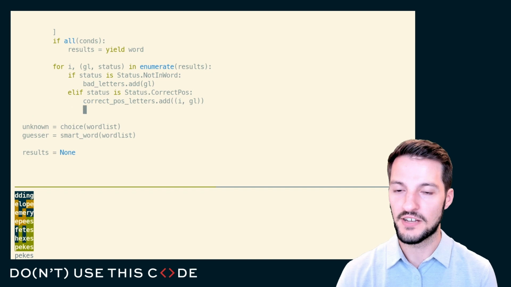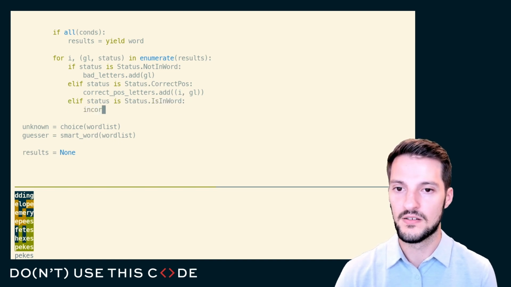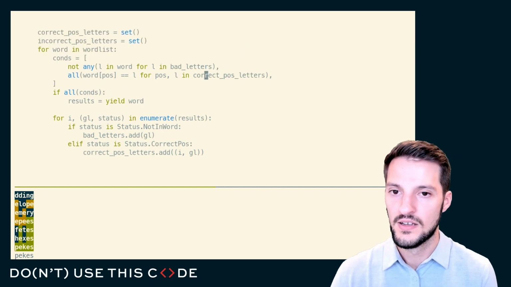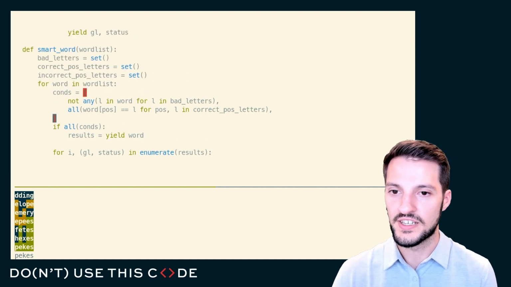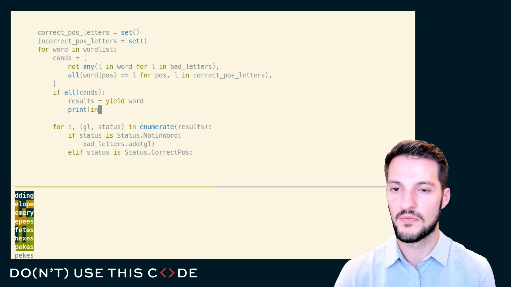So I'll add one more elif. If it's in the word, incorrect position letters, and we'll add the same thing. All right, and I just want to make sure that this is working before I try and work with it.